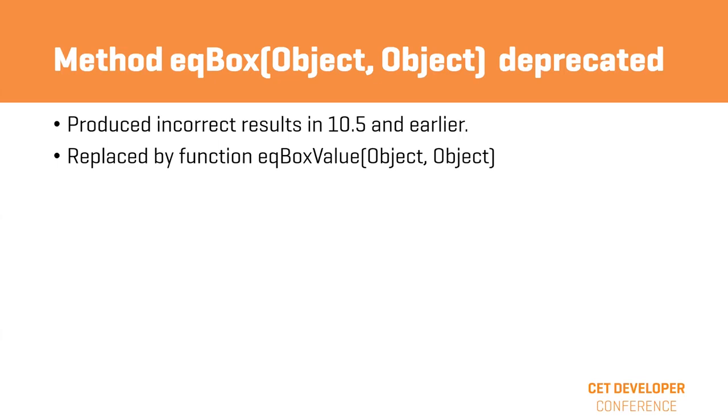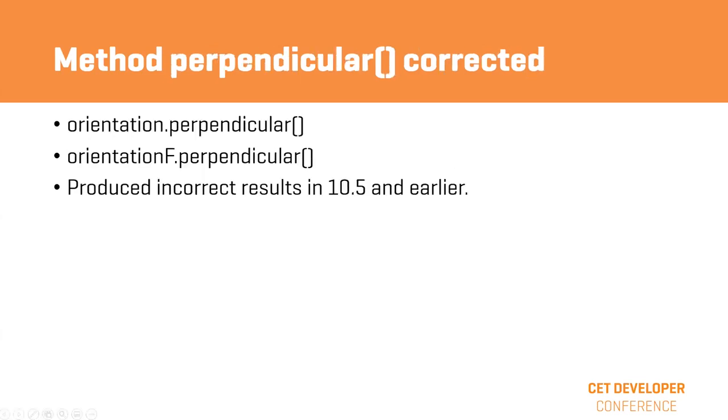It didn't actually produce correct results in 10.5 and earlier, so it has been completely replaced by the almost similar function eq_box value, that is correct, and has been correct all the time. eq_box will still remain, but I encourage you to change any usage of that into eq_box value instead, since this is now deprecated.